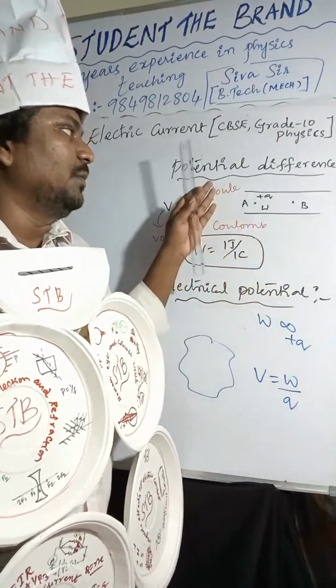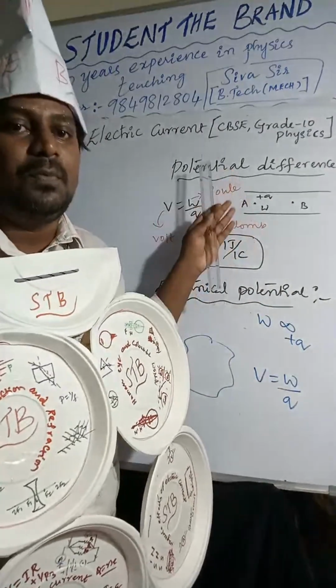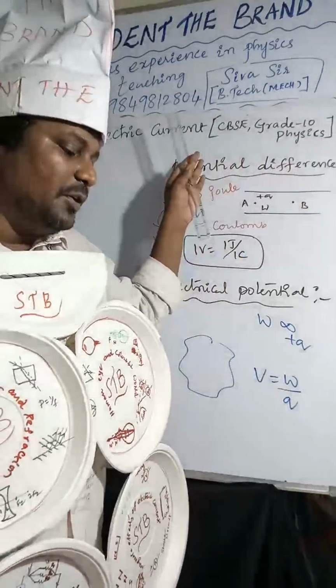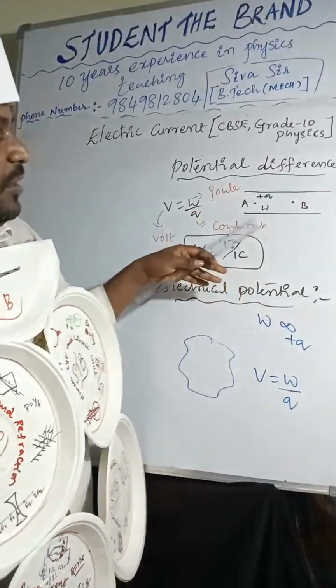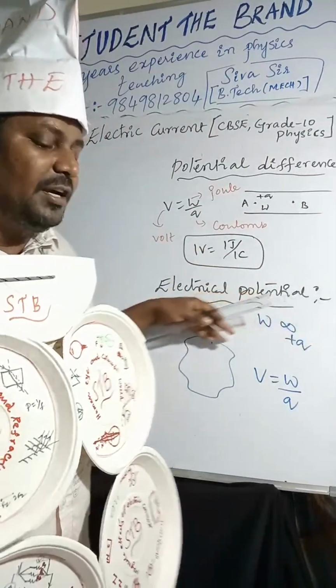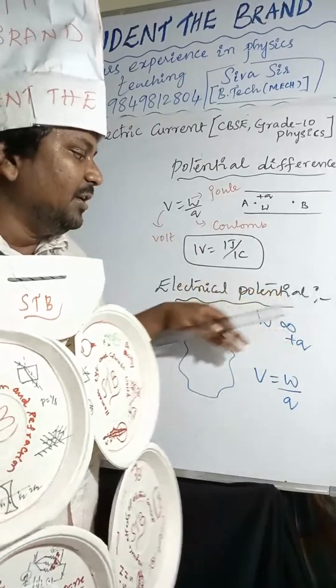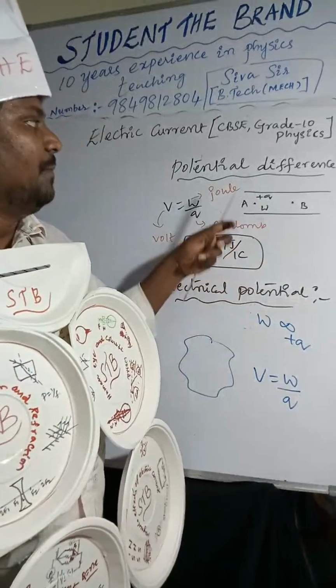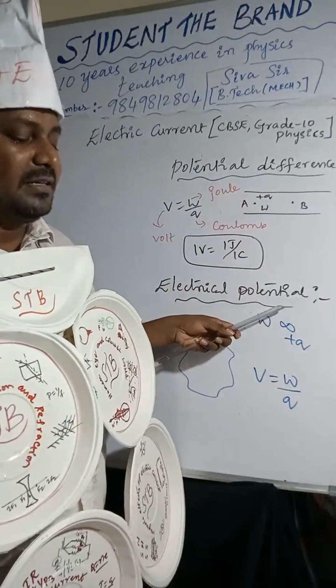Work done to bring a unit positive charge from one point to another point within the conductor is called potential difference. Work done to bring a unit positive charge from infinity to the required field is called electrical potential. I hope it is very clear.